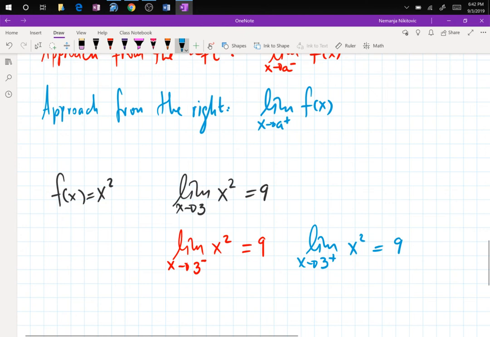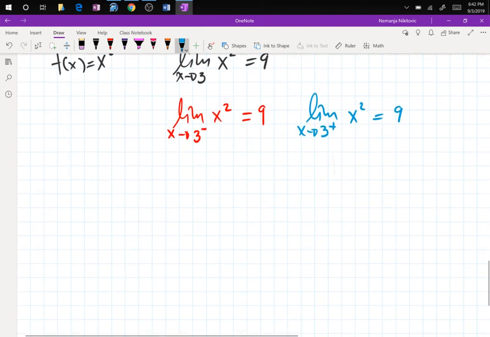At the same time, where the left and right approaches, which is what I color coded red and blue, those approach independently of each other one at a time. And when they are equal, then the overall limit is the value. And if they are different, overall limit does not exist.